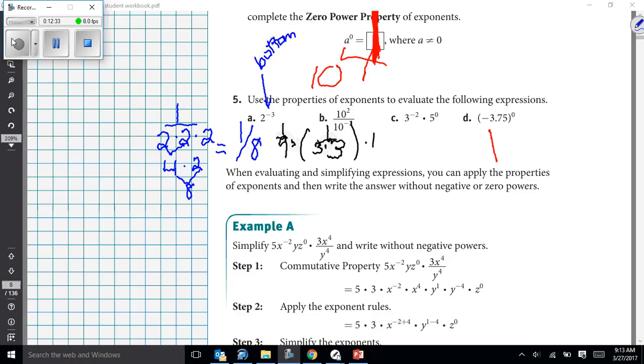We take it 3 times. So the 3 tells us the number of times that we're taking the base. We're taking it 3 times in the bottom. So 2 times 2 is 4 times 2 is 8.